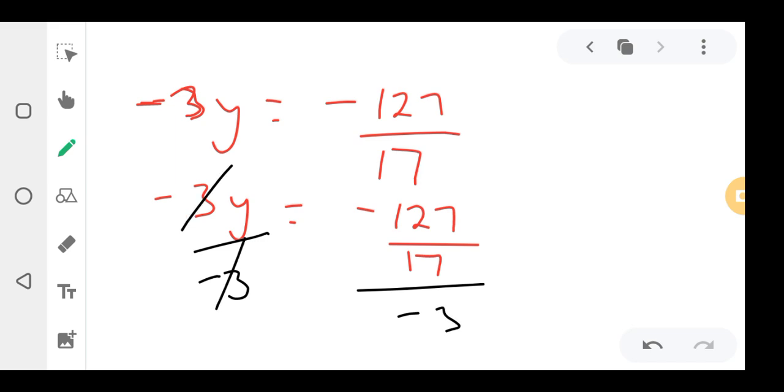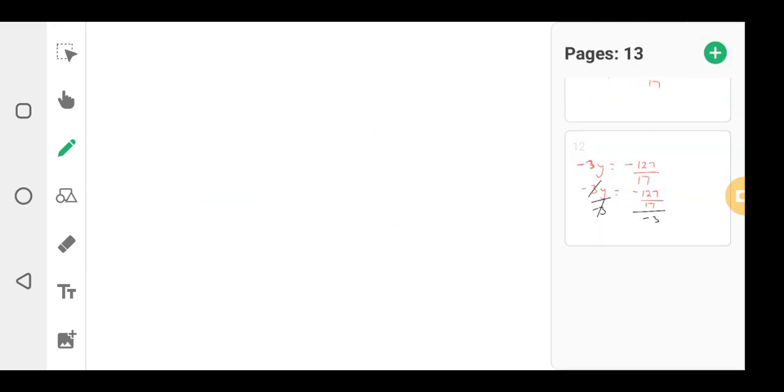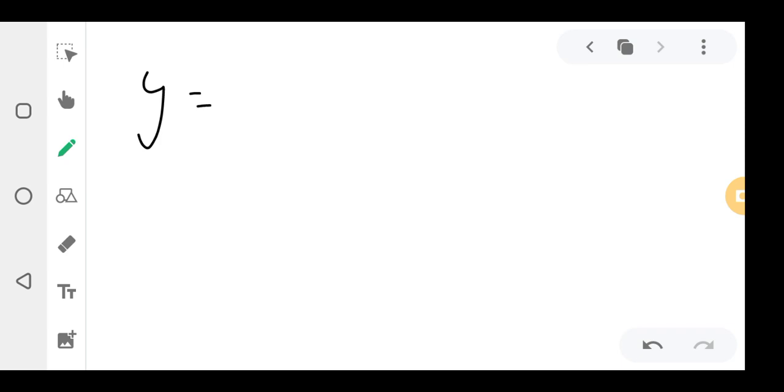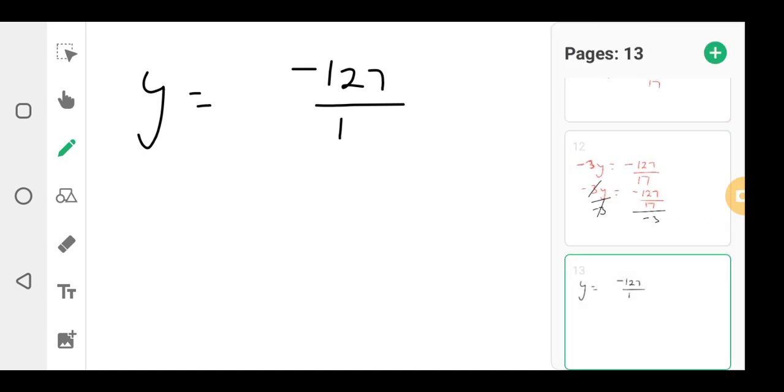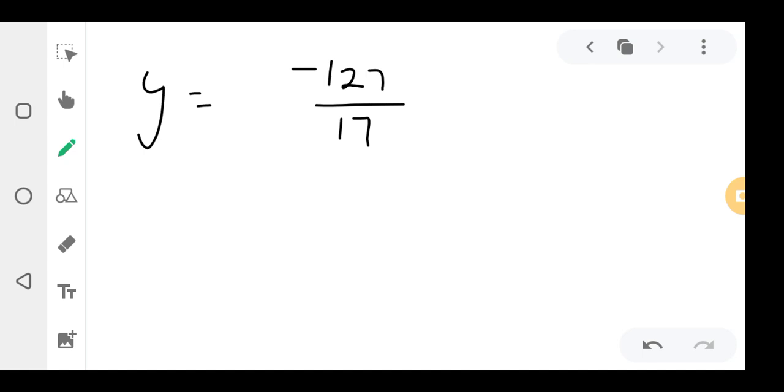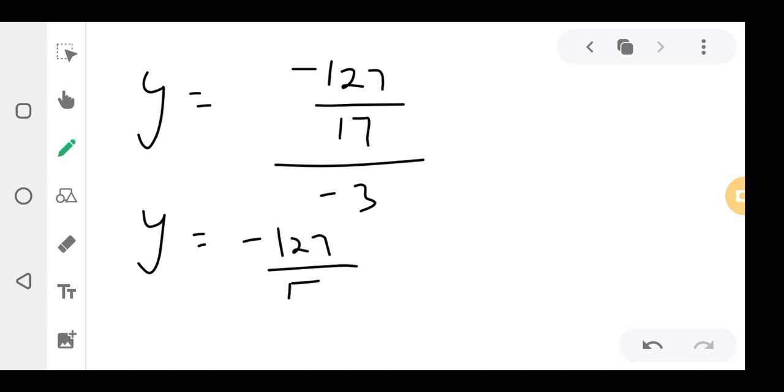So this cancels out. So y is going to be equal to negative 27 over 17 over negative 3.